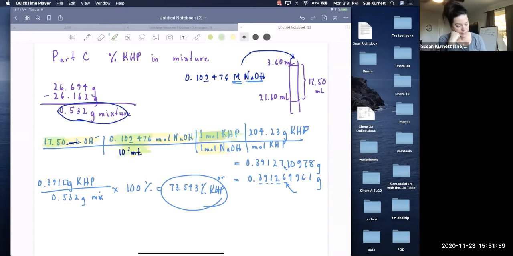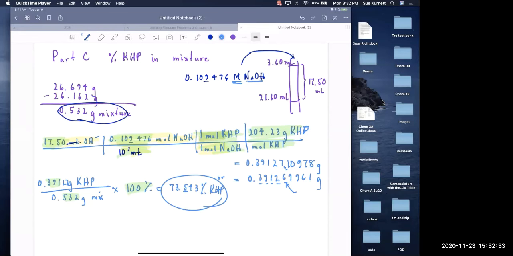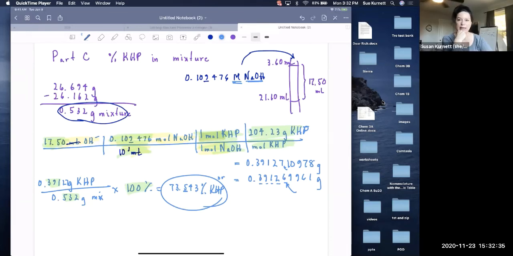This is unlimited. And this is 5. So the smallest value there is 3. So this is 3 sig figs divided by 3 sig figs times unlimited sig figs. This is only good to the tenth place. But I'm going to keep the extra digits and just underline it to tell the grader I know I should round there, because you need the extra digits for the subsequent calculations. Mean deviation, percent uncertainty, etc. Okay. Good question. Okay, so that's part C.